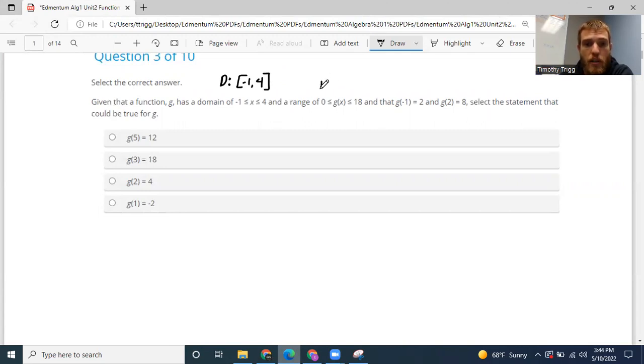Now the range are the outputs. So the lowest output is 0 and the greatest output is 18. It also says g of -1 is 2 and g of 2 is 8. Select the statements that could be true for g.